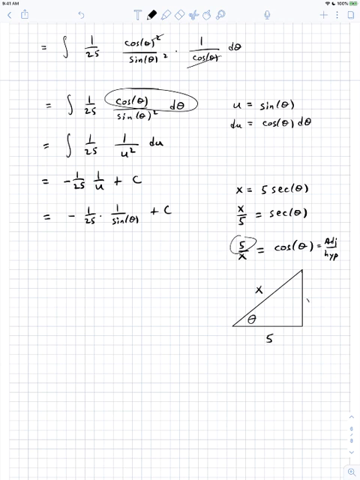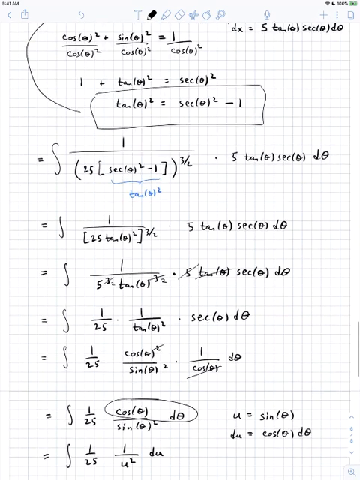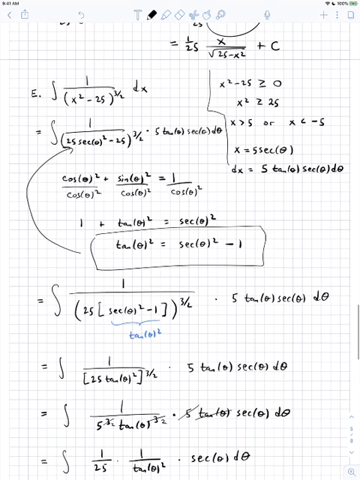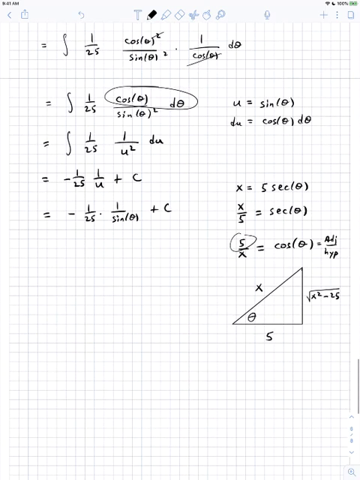And the opposite side is going to be the square root of x squared minus 25. Now that shouldn't be a surprise, because that was exactly what motivated this problem to begin with, x squared minus 25. We wanted to write that as a perfect square, which we were able to do. So it shouldn't surprise us that that shows up again here.